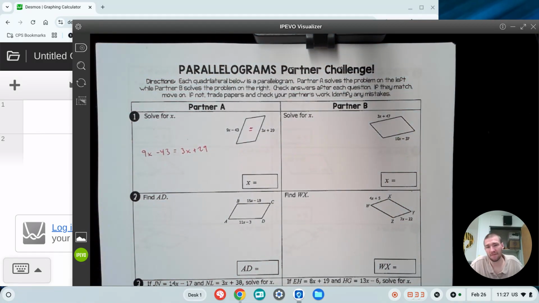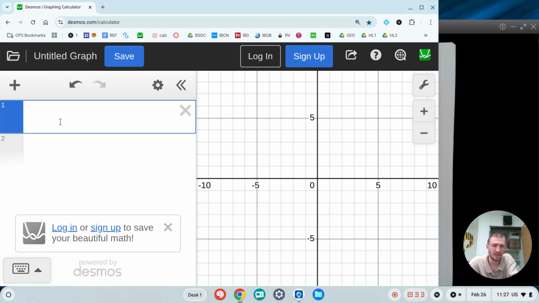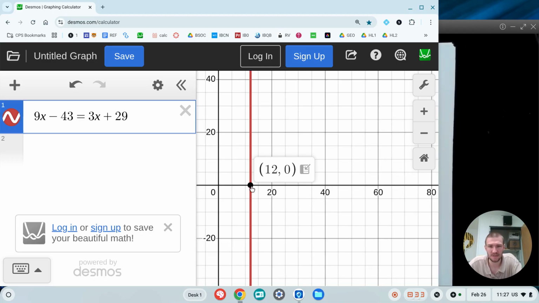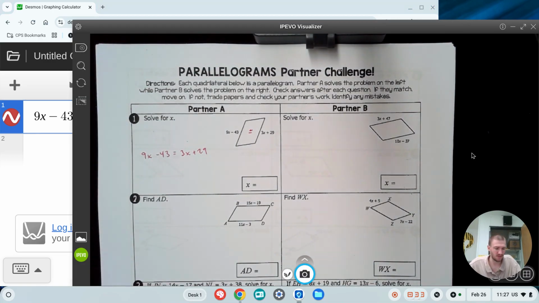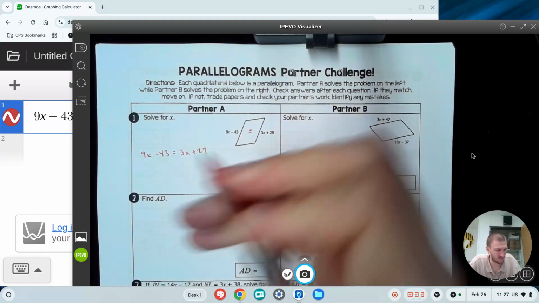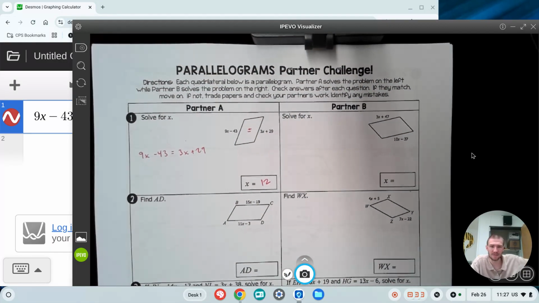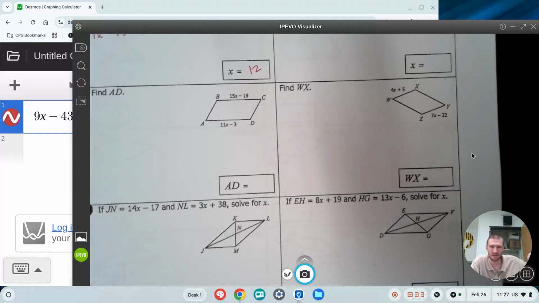And now that we have our little algebra question, we can go to Desmos and we can type them in. 9x minus 43 equals 3x plus 29. We can go looking for the answer, and 12. So, looks good. X equals 12. Okay, not too bad. My goal is to go through this pretty quickly here.